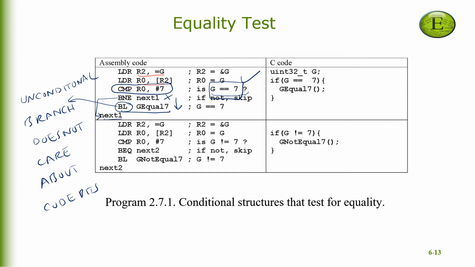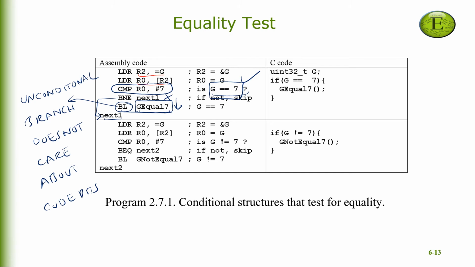It will simply jump to some instruction with label G equals 7. And that might correspond to a routine that may be utilizing this result to execute some code section for the given application.